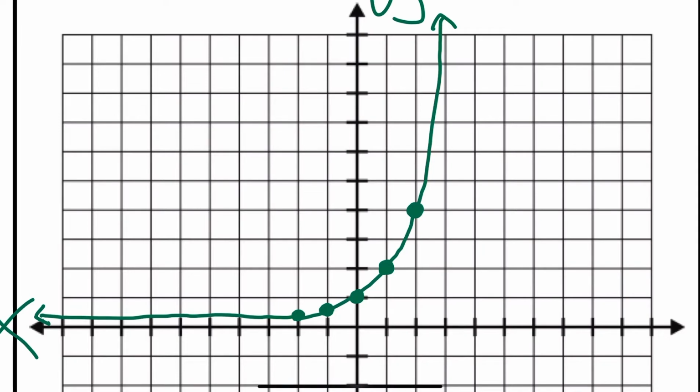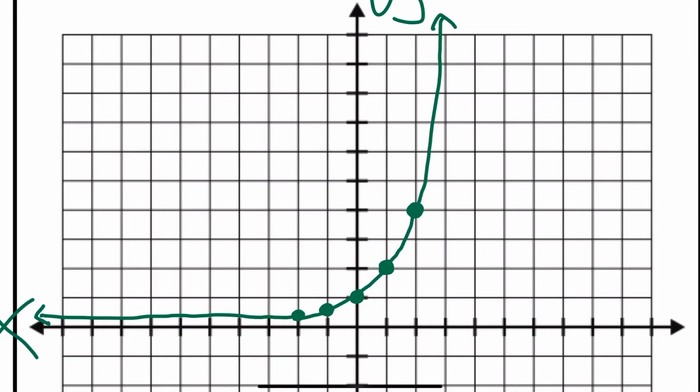I know that we went down from 4 to 2 to 1 to 1/2 to 1/4. If we went past this, it'd be 1/8, and then 1/16, and then 1/32, and so on and so forth until you're getting really, really close. Super close to this line, but you will never actually touch it.